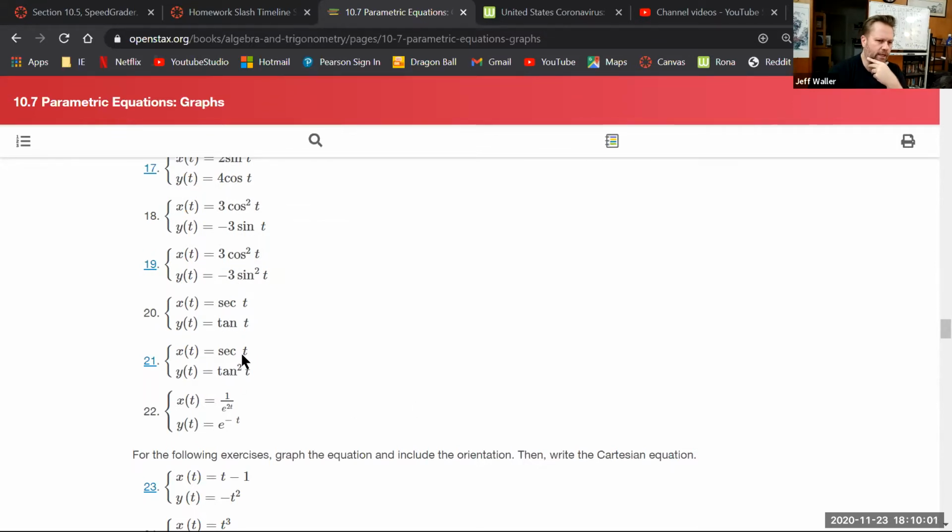So yeah, what value of t gives you trouble? Both of these. Pi over 2. Pi over 2, yeah. Because they both share the cosine on the bottom, right? But the thing is, how do I say this? Both x and y go to infinity at pi over 2, right?